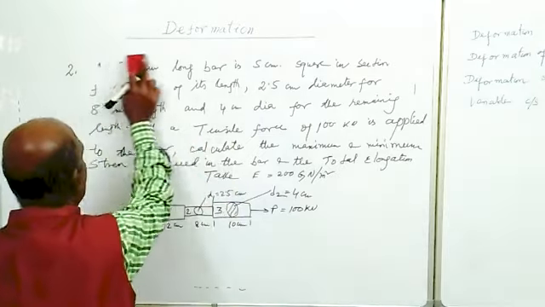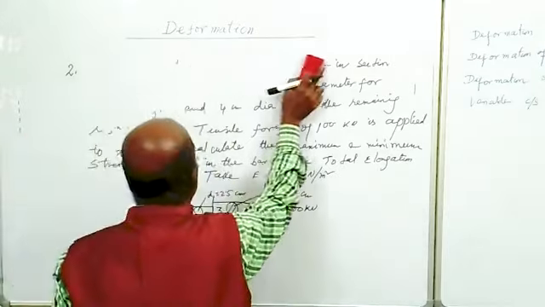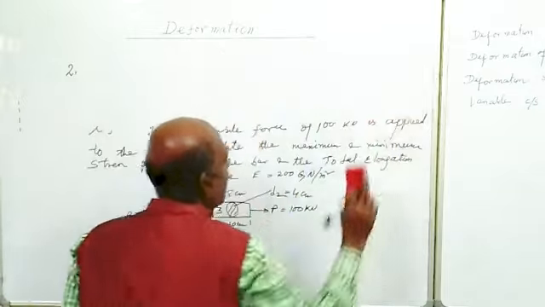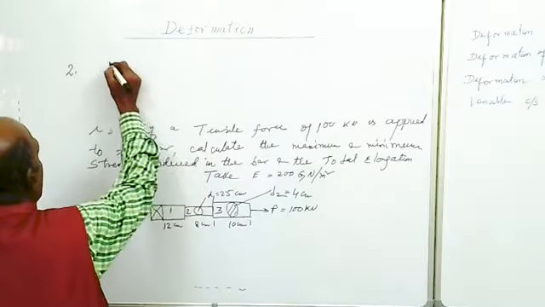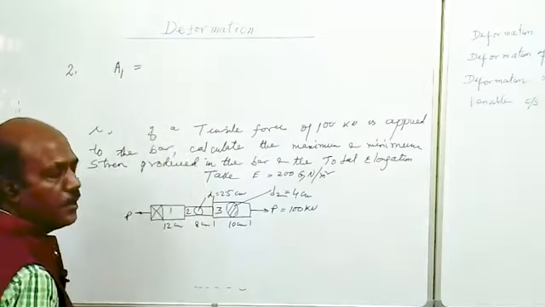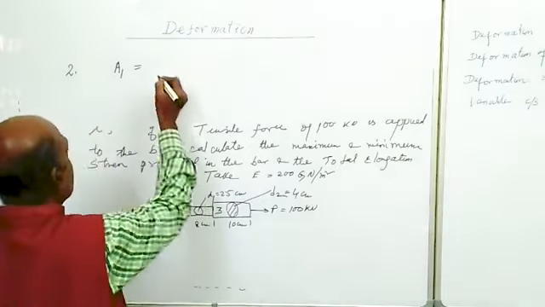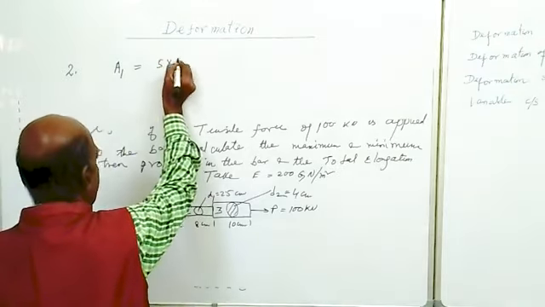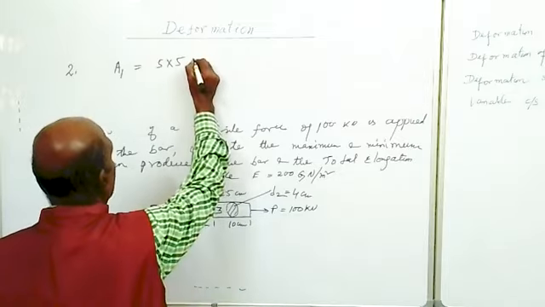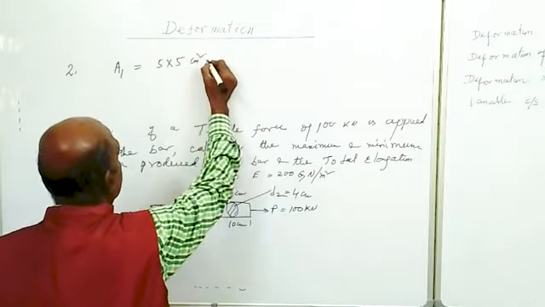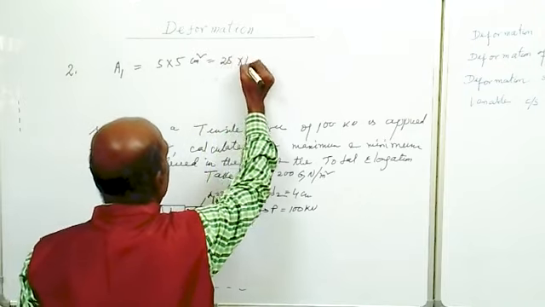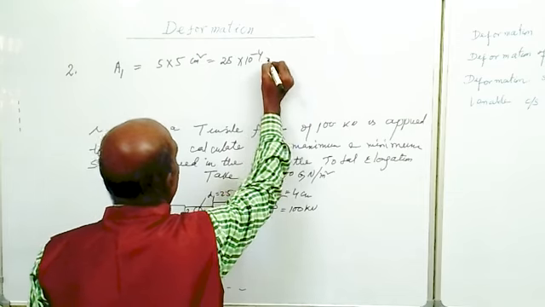Now we will solve this problem. For section 1, first we will calculate the area. The cross sectional area is A1, given by 5 into 5 centimeter square, which we can write as 25 into 10 to the power minus 4 meter square.